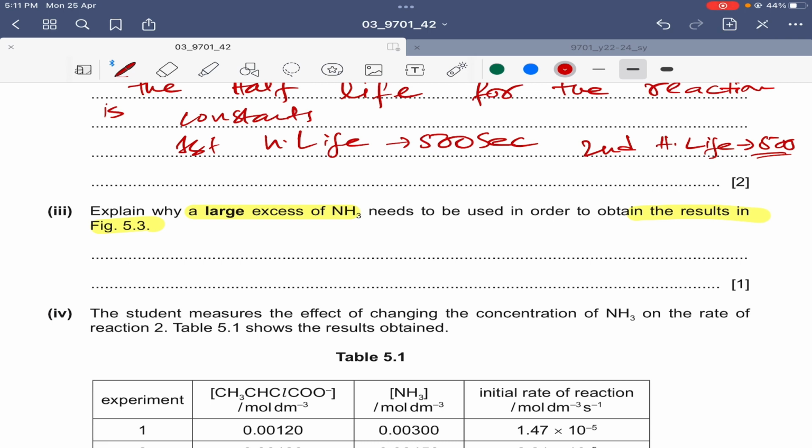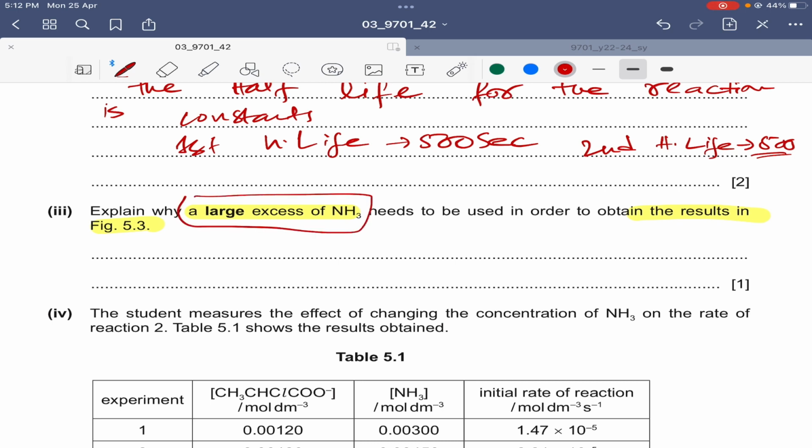Like in most experiments, when you want to observe the rate of reaction with respect to any one reactant, you add the other reactant in large amount so that its concentration is almost constant. With respect to that particular reactant which we have taken in large excess, the reaction is zero order, meaning changing the concentration of that reactant does not affect the rate of reaction because it is in large excess, right?